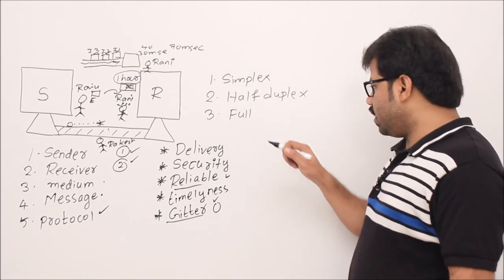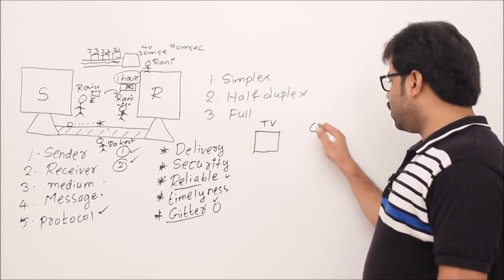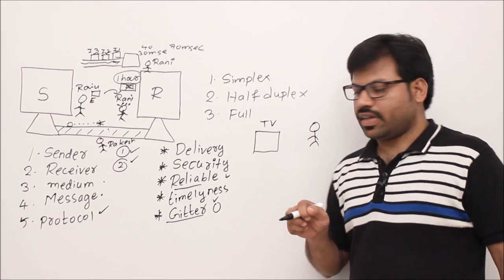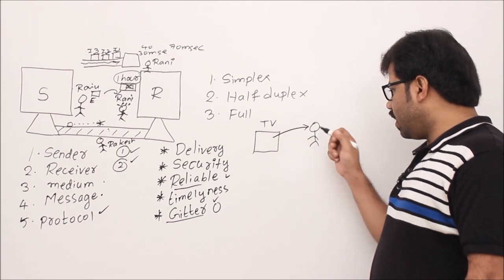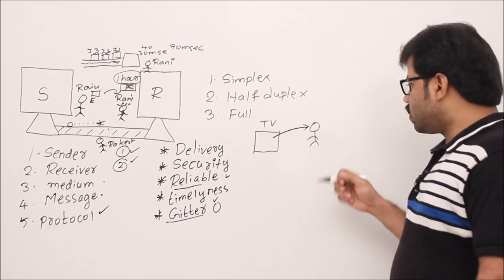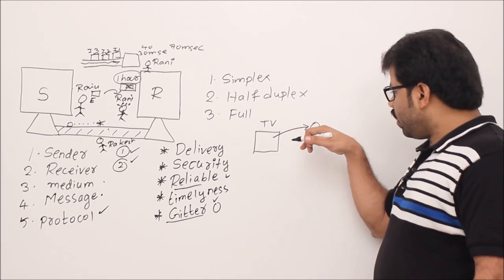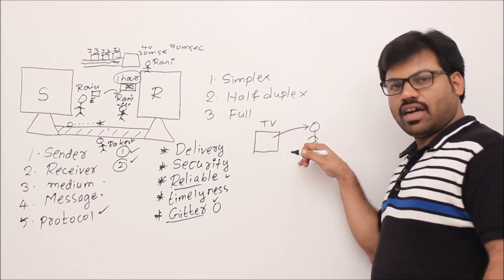An example of simplex in the real world is TV versus audience. Some audience is watching TV, and it's a one-way communication. TV sends the message and the audience receives it, correct? But the audience cannot send information. The audience is watching TV, but TV is not watching the audience, correct?